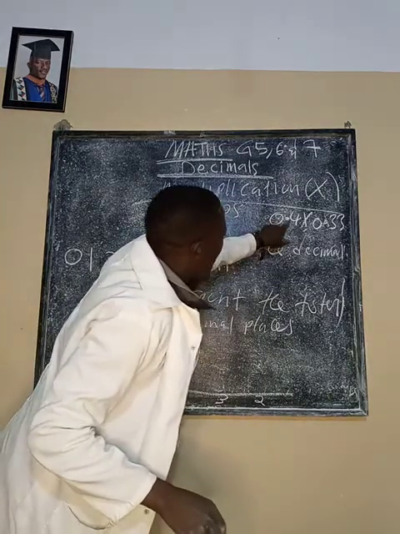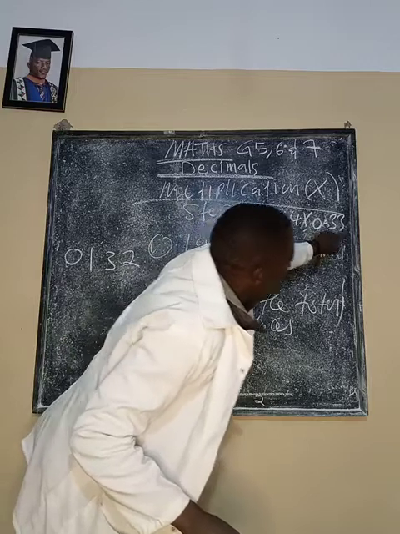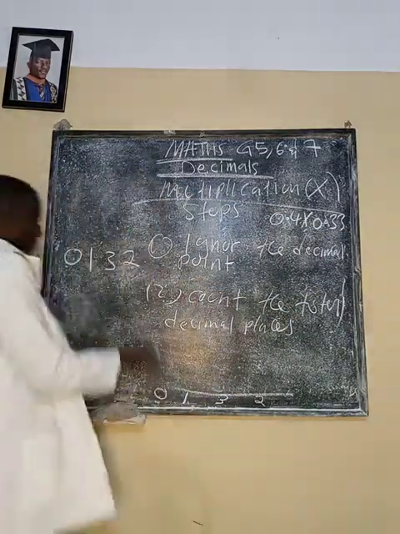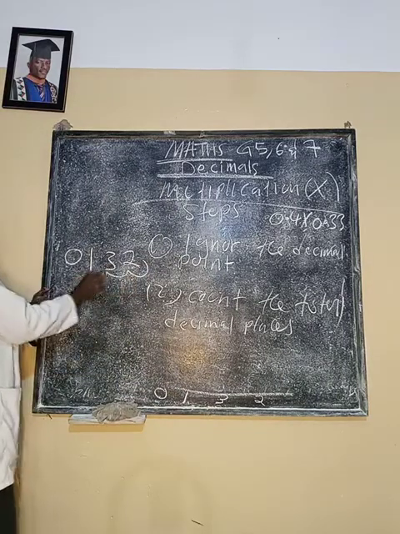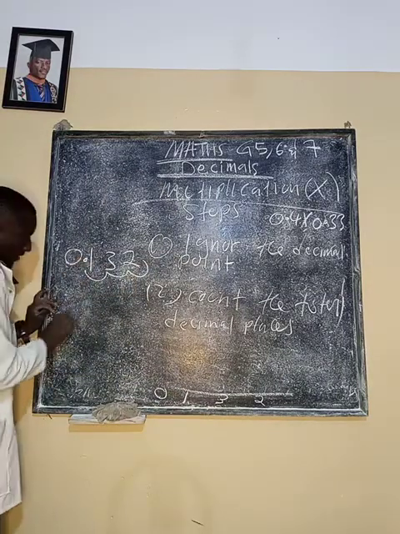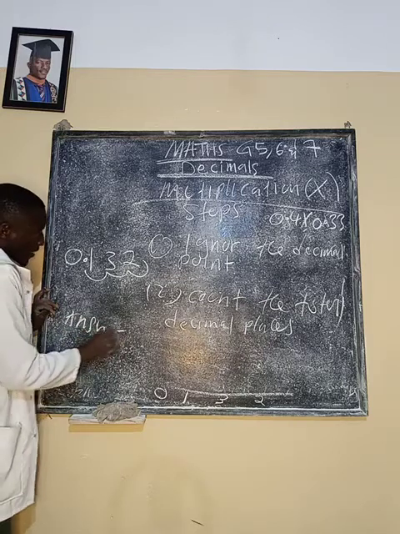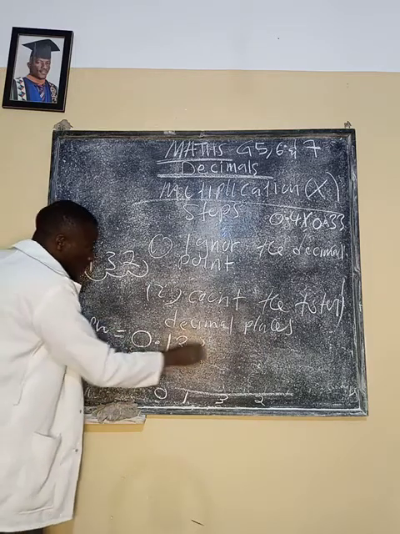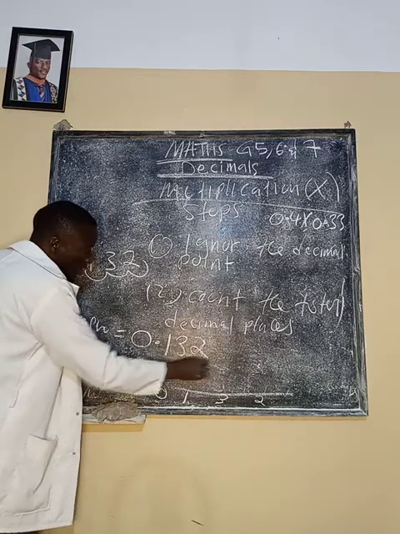After this one, I have 1. After this one, I have 2. Together they are 3. Then shift from the back: 1, 2, 3. So my answer becomes 0.132.